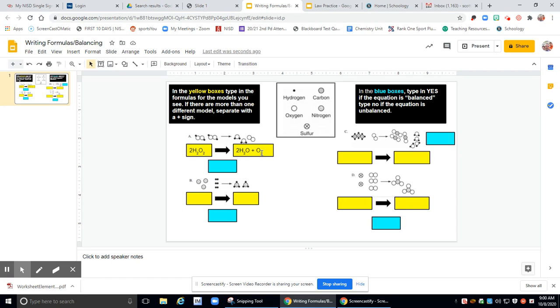So if you've ever noticed how hydrogen peroxide comes in a brown bottle that you can't see through, it's because when you expose hydrogen peroxide to light, that reaction will begin. So if you were to pour hydrogen peroxide in a bowl and leave it out in the light, eventually those oxygens would break off, and you'd be left with a bowl of water.